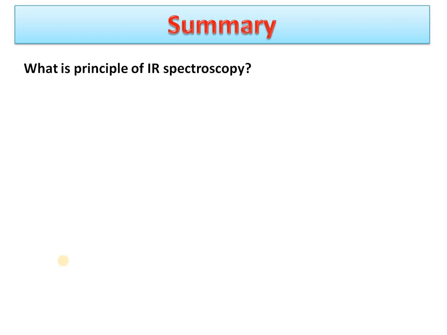So here, in case of principle of IR spectroscopy, the vibrating molecule which shows change in dipole moment during the vibration produces the electromagnetic field, and if this molecule is irradiated with the infrared radiation, then if the frequency of the oscillating electromagnetic field matches with the frequency of IR radiation, such IR radiations will be absorbed by the molecule and the final electromagnetic field will have twice amplitude to that of original one. That is the principle of IR spectroscopy.